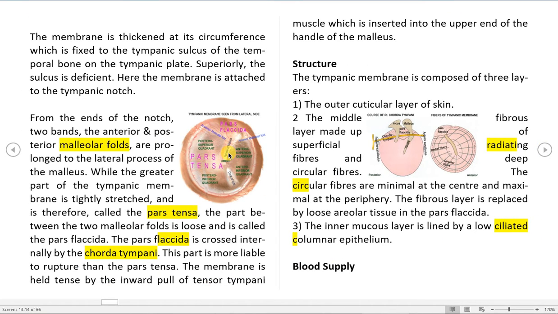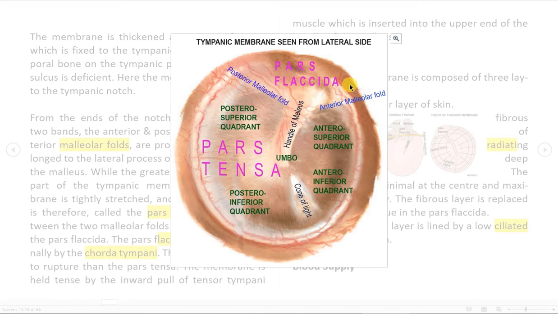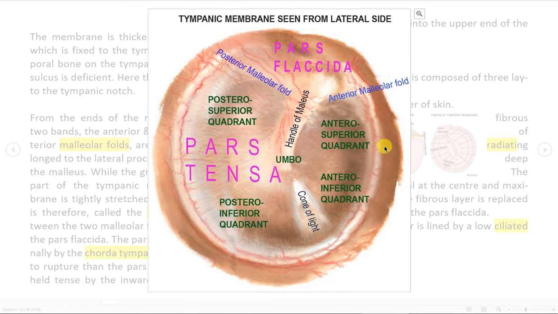So in this diagram we can see various parts of the tympanic membrane. This is a view of tympanic membrane seen from the lateral surface after throwing a light source. So this is right side of tympanic membrane, this is anterior side, this is posterior side, this is superior, and this is inferior.